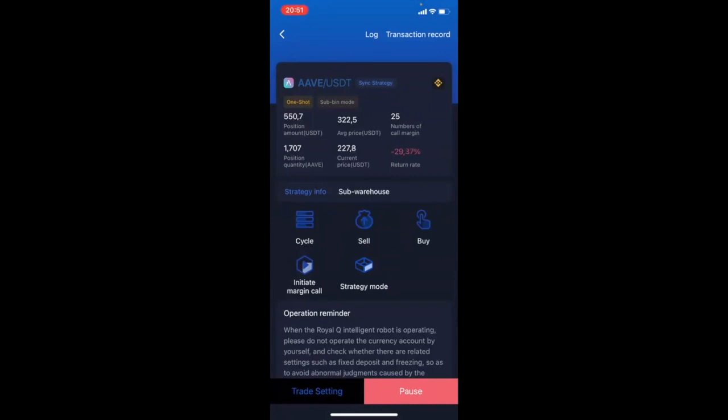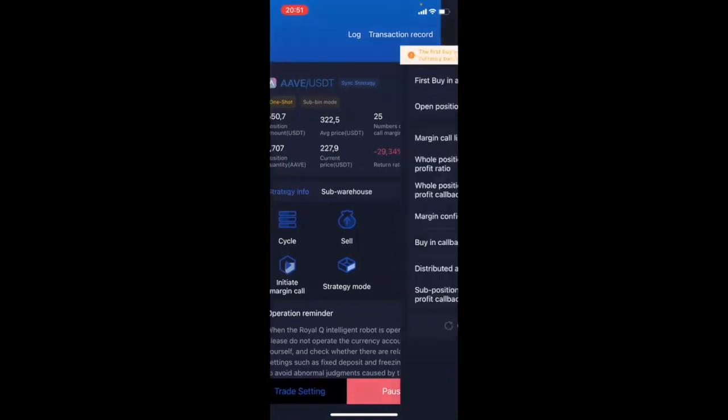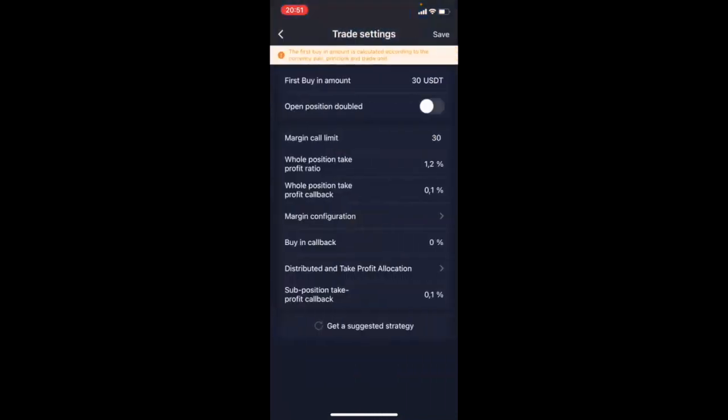So if we go to the trade settings, you'll see this. The first buy-in amount will be used as a multiplier. I'm going to tell you what I mean by that. So the margin call limit for this strategy, right? We're connected to someone else's strategy. For those people that know what they're doing and have done this for a while, all these settings are customizable.